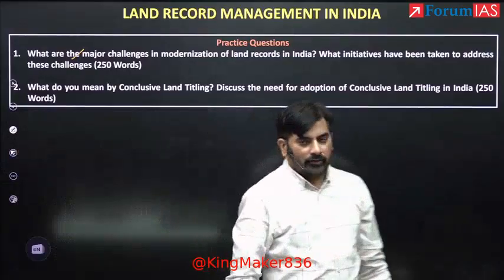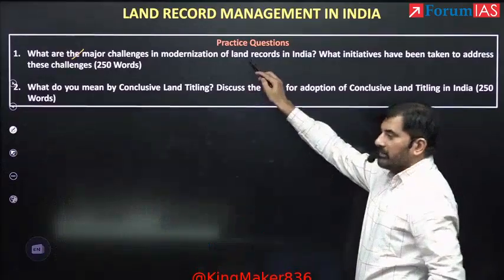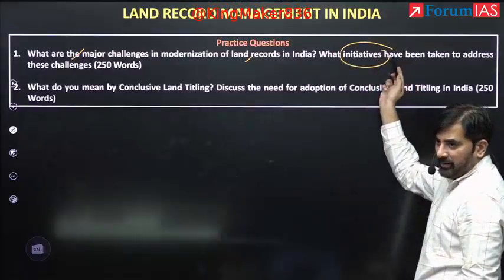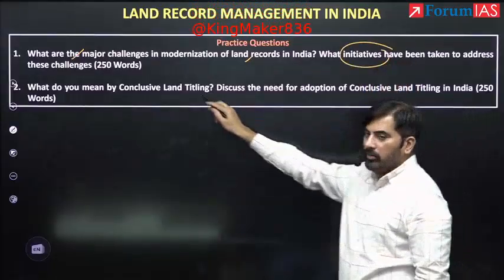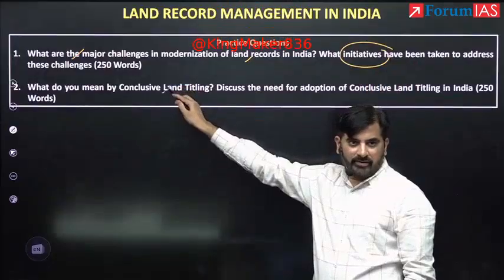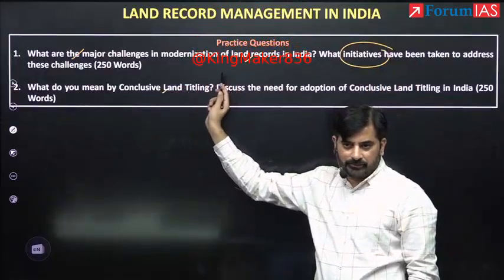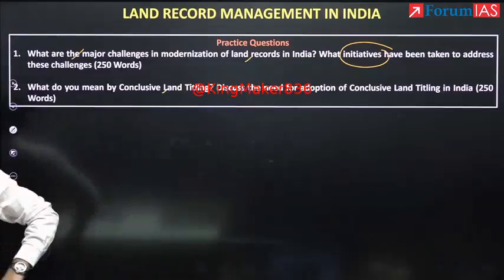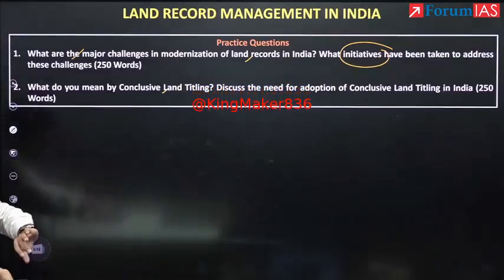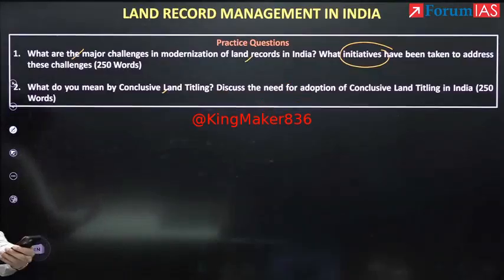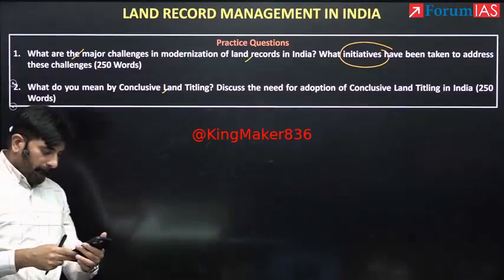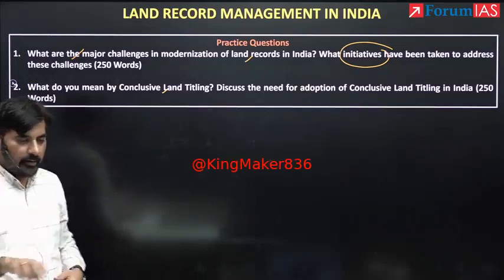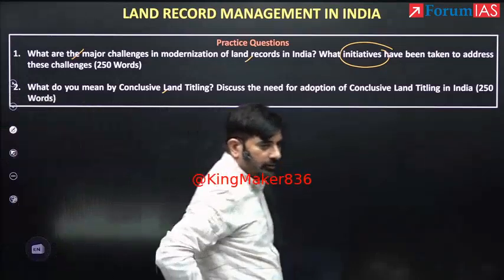Okay. So here the question is, what are the challenges in modernization of land records and what initiatives have been taken? And I've been telling you about two types of titling system. One is presumptive and conclusive. Okay. So write the list of dimensions. Number one, meaning of land records.